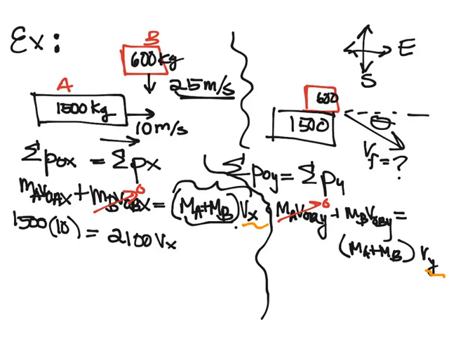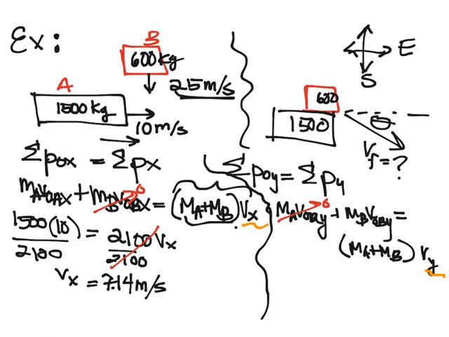I can pretty easily divide both sides by 2100, and I end up with Vx equal to about 7.14 meters per second.